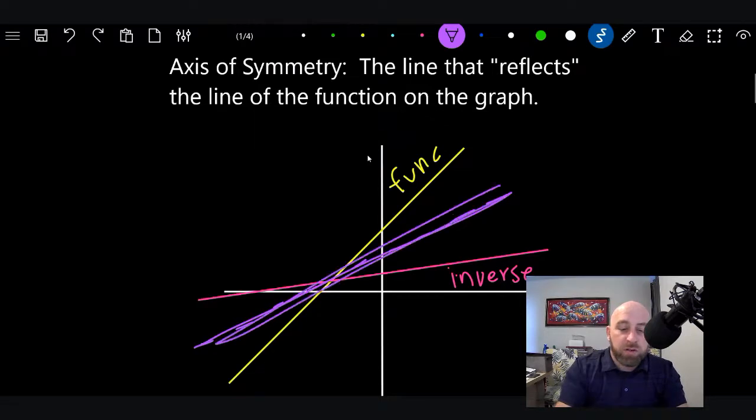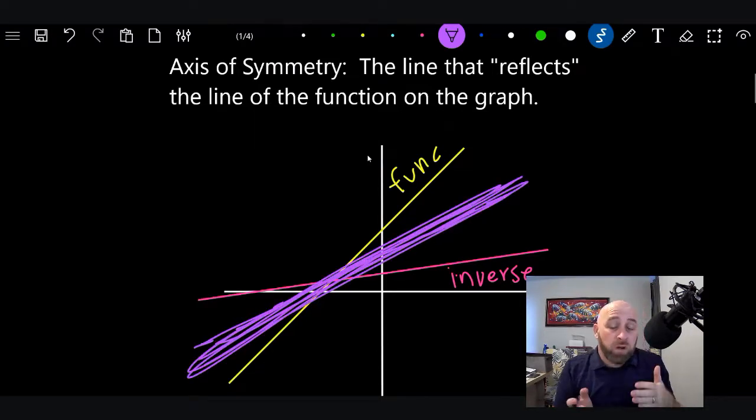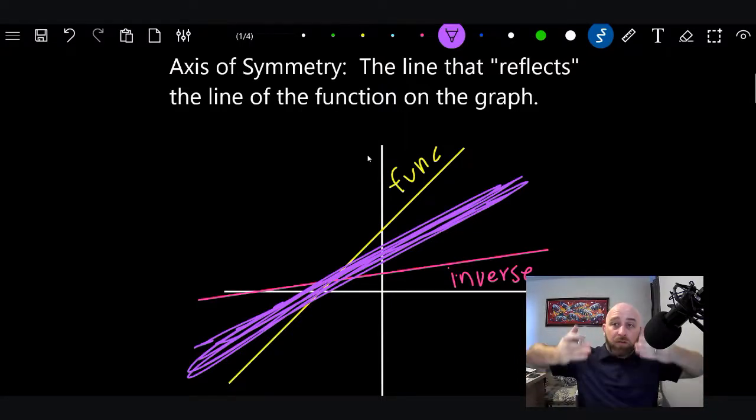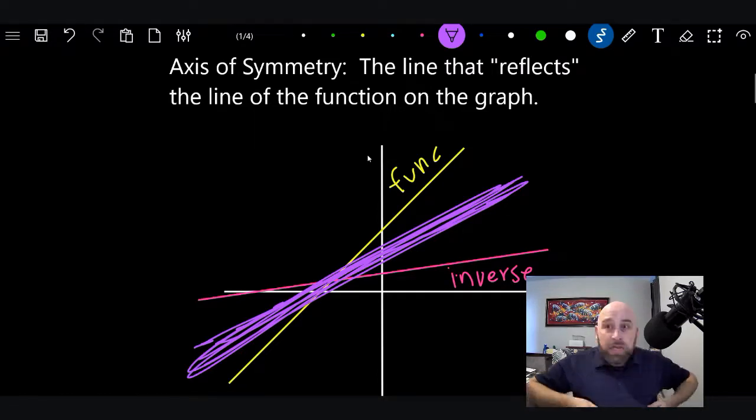So in other words, what this line does is it reflects. The idea is almost like you have a mirror, and if you look into the mirror, it reflects something else. Have you ever noticed that when you look at your shirt? Now, of course, today I'm not wearing my shirt with my logo on it. I always have that on.